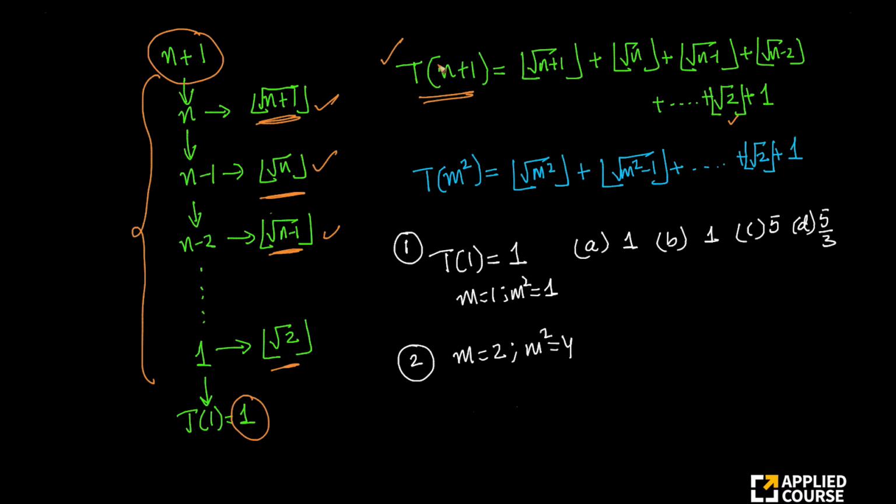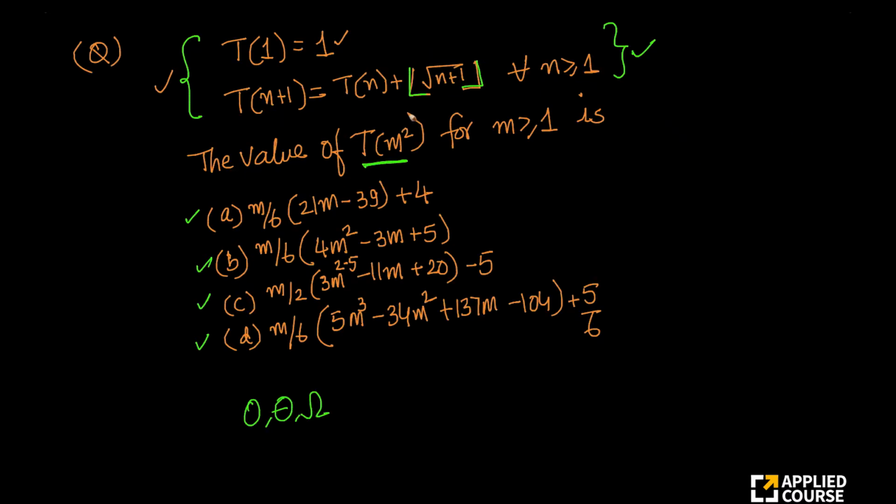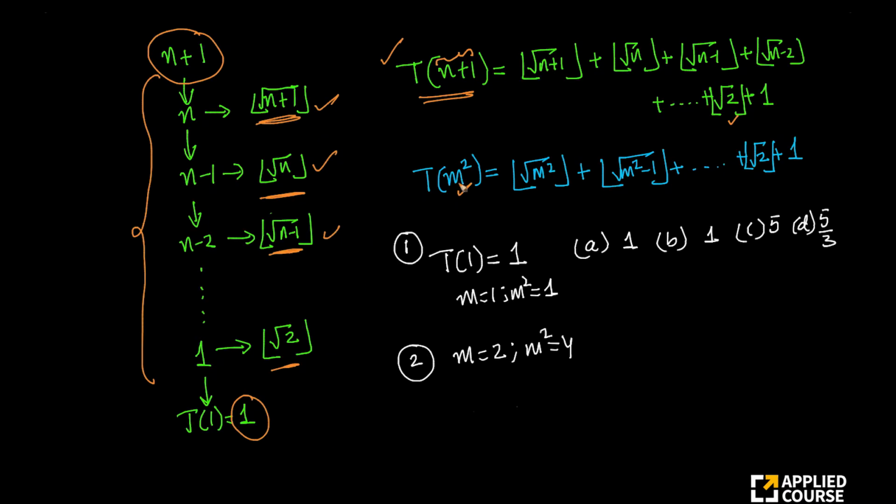Now, instead of n+1, if I replace n+1 with m squared, because the question is, what is the value of T(m squared), what do I get? T(m squared) would be floor of square root of m squared, which is nothing but m, plus floor of square root of (m squared minus 1), and so on, down to floor of square root of 2, plus 1.